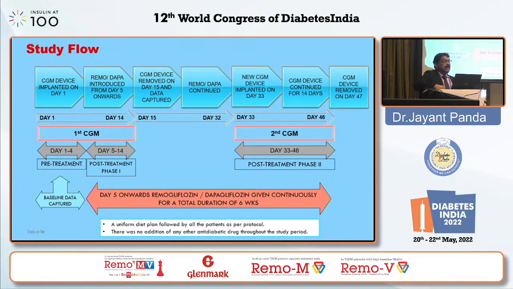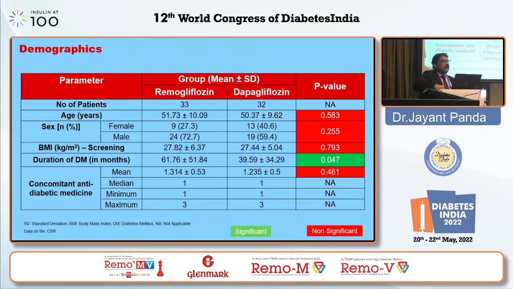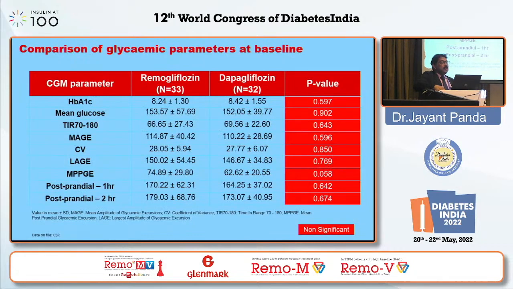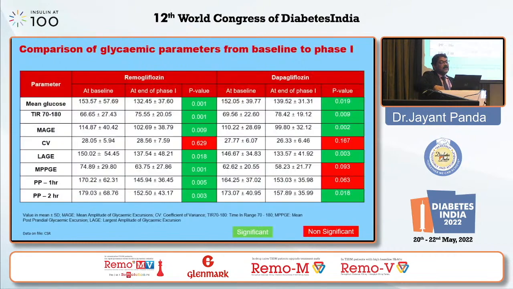So this is the study flow with the parameters, as you see: age, sex, BMI, duration, all matching, and A1C, mean glucose, time in range, mean postprandial glycemic excursion coming in a different way. But this is not statistically significant. Comparing the glycemic parameters from baseline to phase 1, we'll see there are a few parameters.